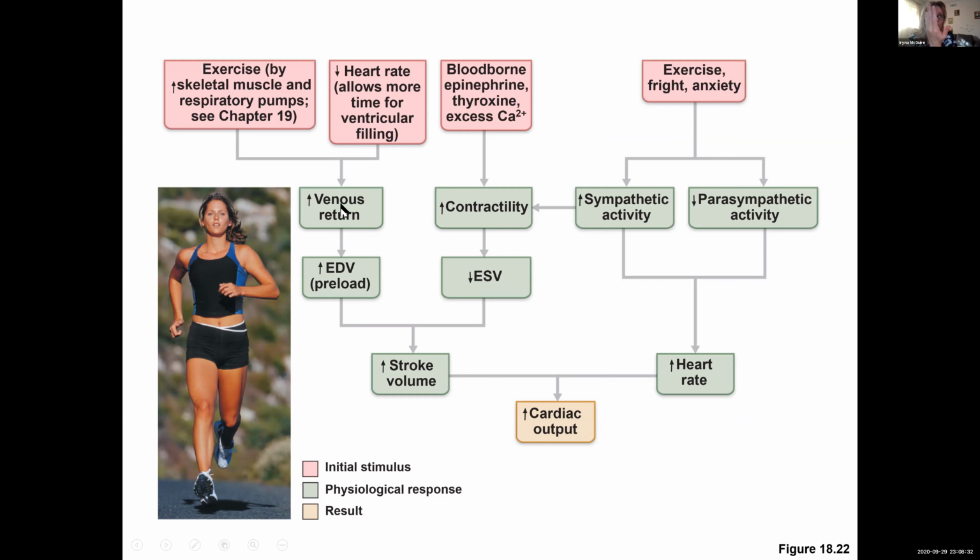Blood just doesn't have time to flow from your blood vessels to the ventricle. All right, and of course, epinephrine, thyroxine, and excess calcium all increase contractility, and contractility can be increased by sympathetic activity. So just take a minute and look at this diagram and make sense of it. It does make sense when you spend a little bit of time looking at it.